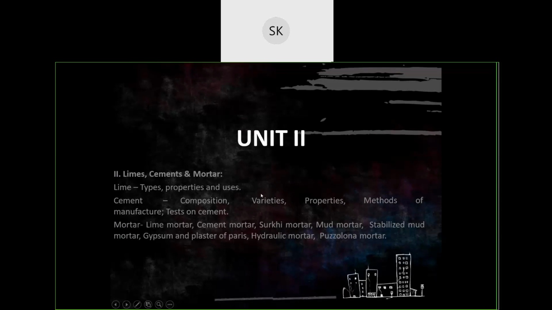In aggregate, only tests are mentioned, which you have got in your Transportation 1 and Transportation 2 lab. So that will be a kind of assignment for you to study.